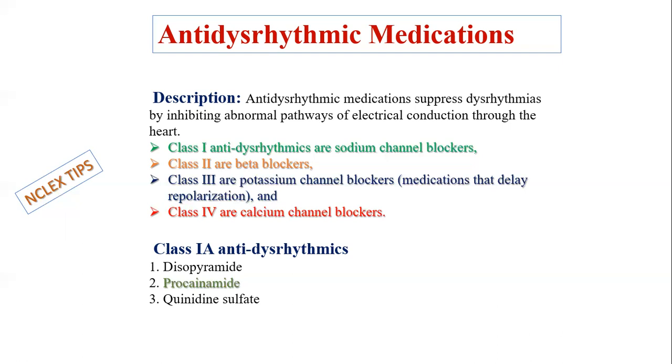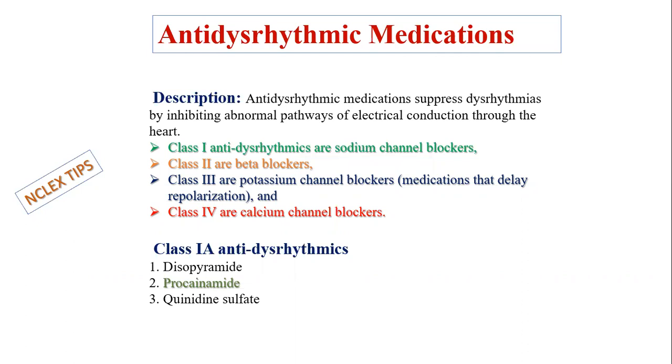And at that time we use antiarrhythmic medication. Antiarrhythmic drugs particularly correct the abnormal rhythm. Antiarrhythmic agents are sometimes known as cardiac dysrhythmic medication.